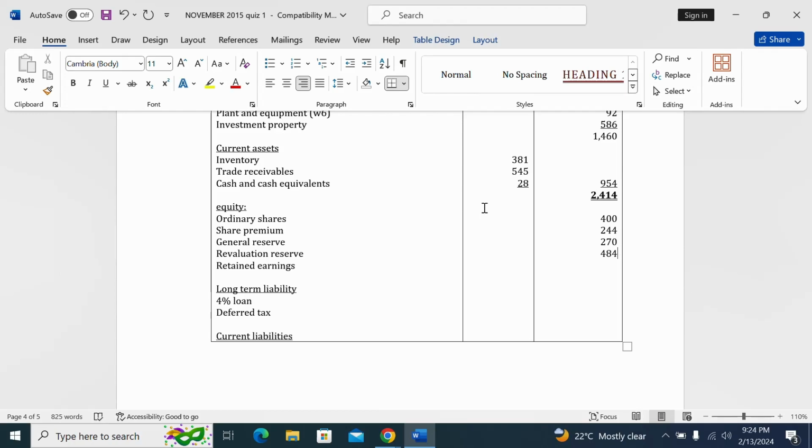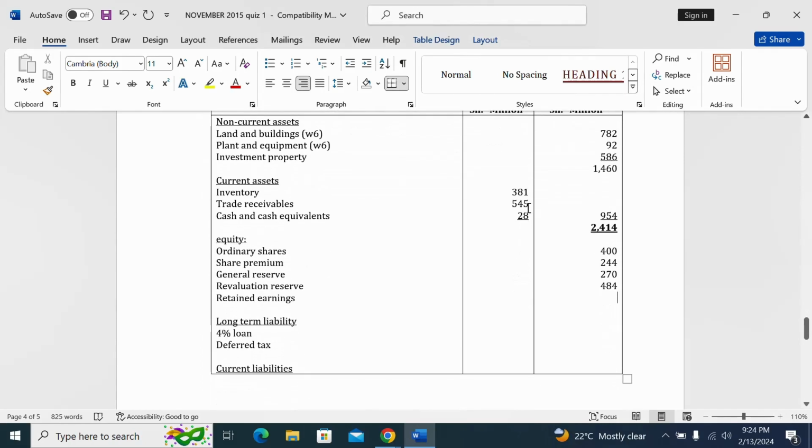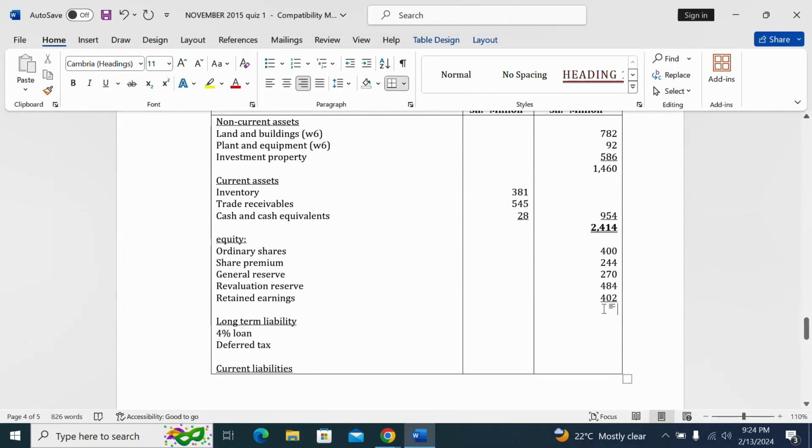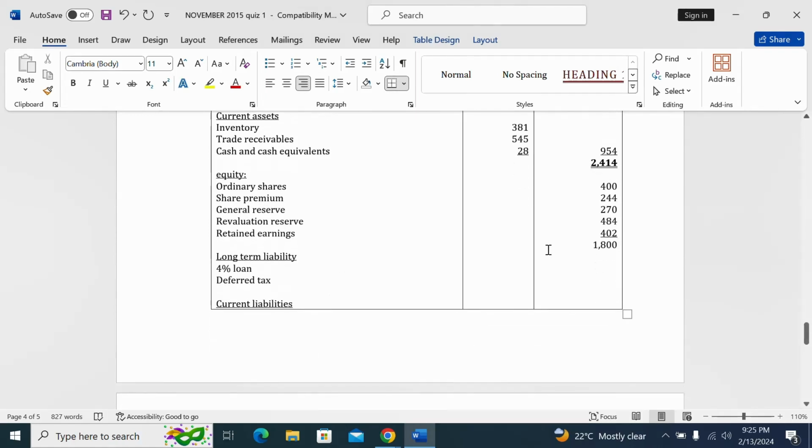And the retained earnings, 402. Therefore, the total of your equity becomes 400 plus 244 plus 270 plus 484 plus 402. You are getting 1800.